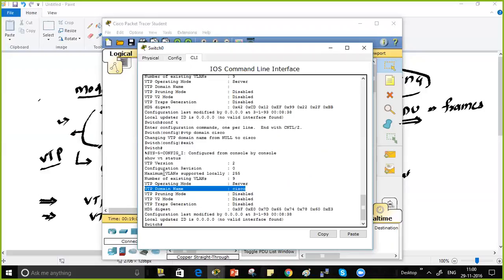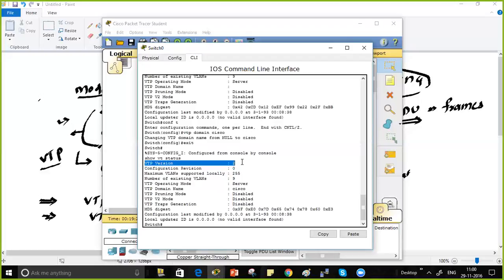Here it will say the VTP version. What version is it? Version 2. We have 3 versions, right? In the previous class, I explained VTP version 1, version 2, and version 3. Version 3 was introduced 2 or 3 years back.